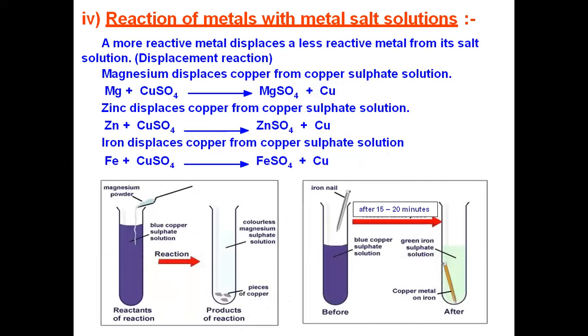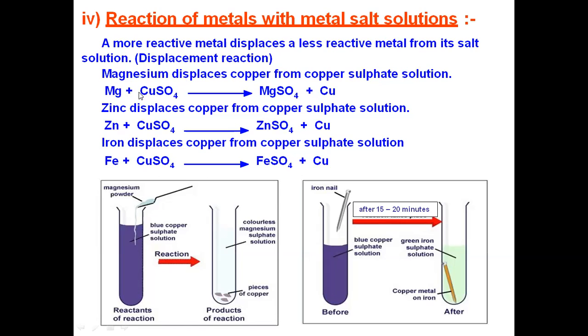You can see the experiment. In one of the test tubes, we have taken blue colored copper sulfate solution. To this, we are adding magnesium. When magnesium is added, what does the magnesium do?